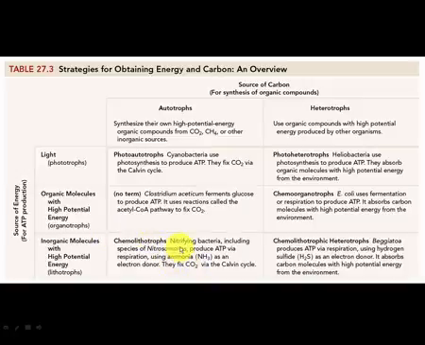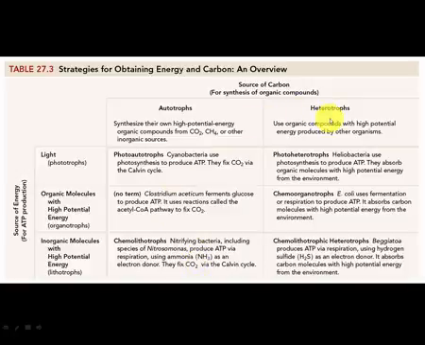For example, nitrifying bacteria use ammonia as an electron donor. And so they take ammonia and convert it into other kinds of nitrogen-containing compounds. From that, they get the energy to make CO2 into chemical compounds that they can use to build themselves.